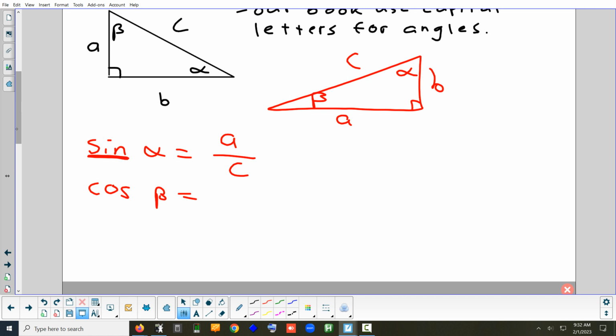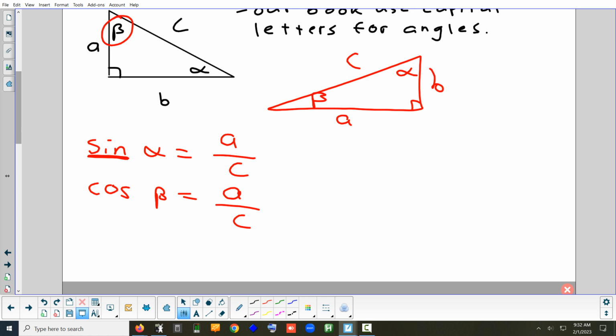Cosine is adjacent over hypotenuse. So what side is adjacent to beta? A. Adjacent over hypotenuse. What side is the hypotenuse? Yep, BC.